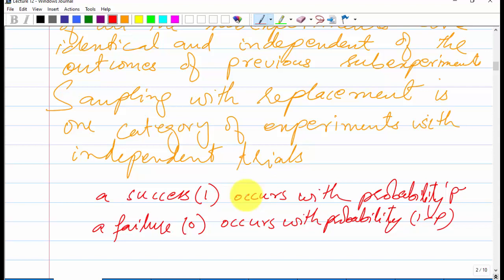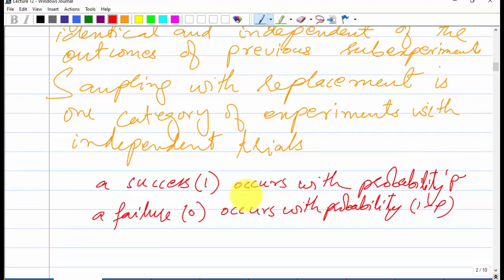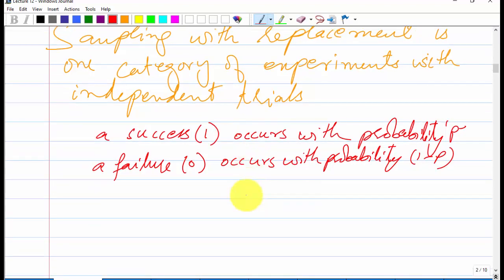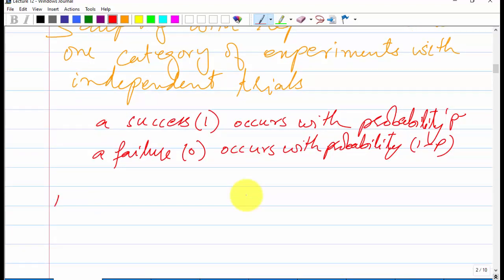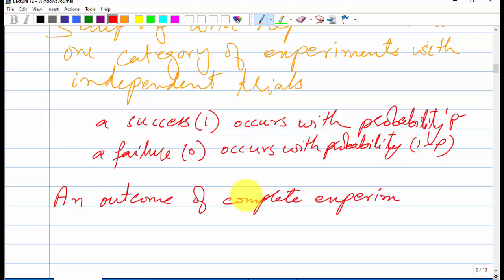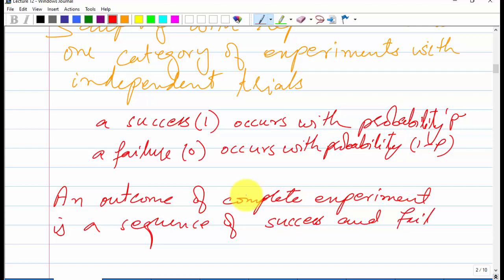So the results of all trials are mutually independent. An outcome of the complete experiment is a sequence of successes and failures.